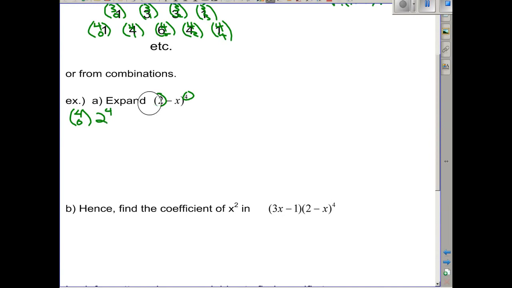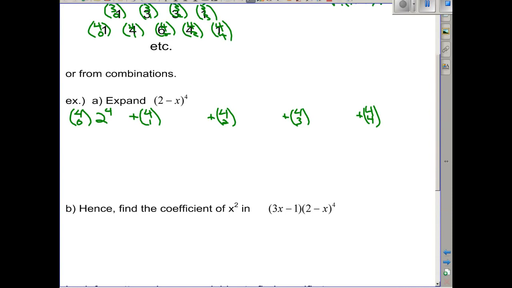The negative x is going to be raised to the power of 0, so it's not going to show up at all. My next term will have a 4C1 for starters, and I might even just write in all the different initial coefficients: 4C1, 4C2, 4C3, and finally 4C4. I can't have a 4C5.